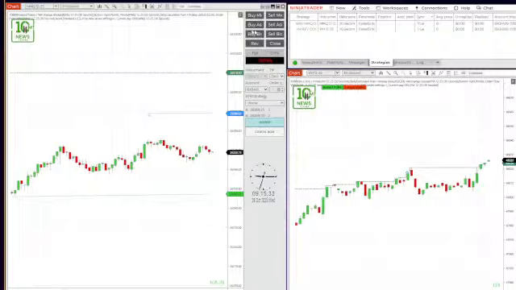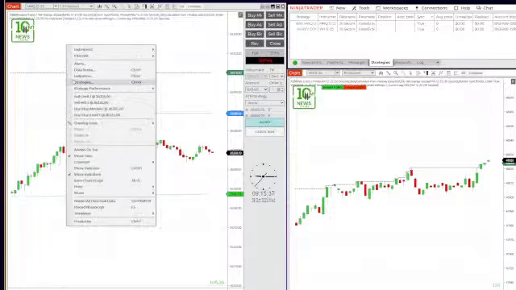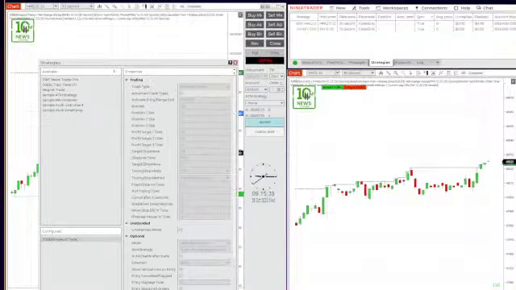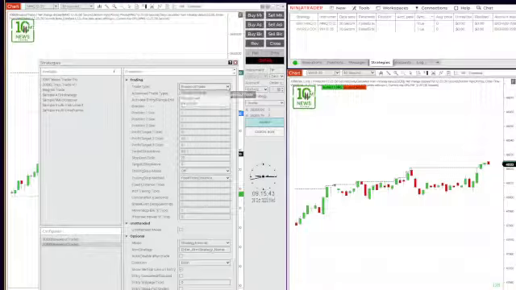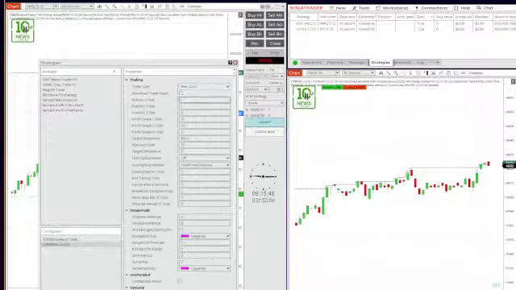Now, also going to set up a reverse continue on the MNQ. So add a second strategy, reverse continue. Now I'm just going to trade a couple of contracts, one position, and I'll go for a 50 tick target.